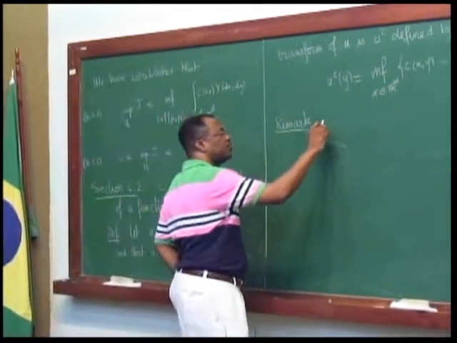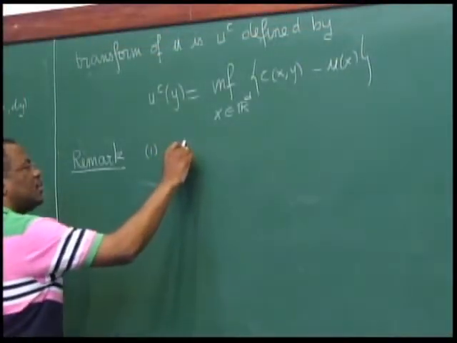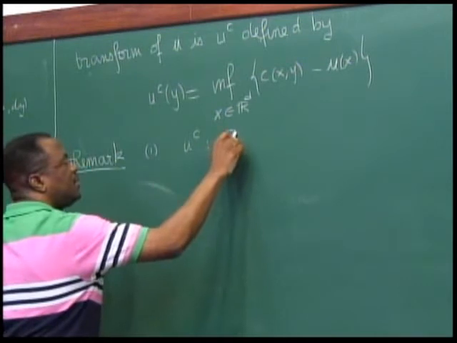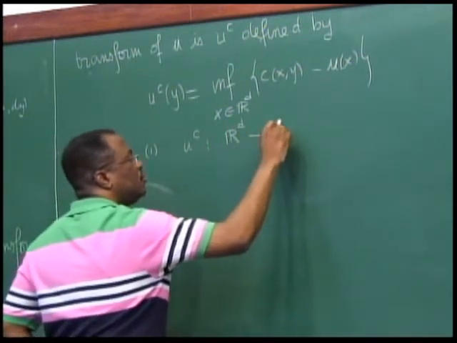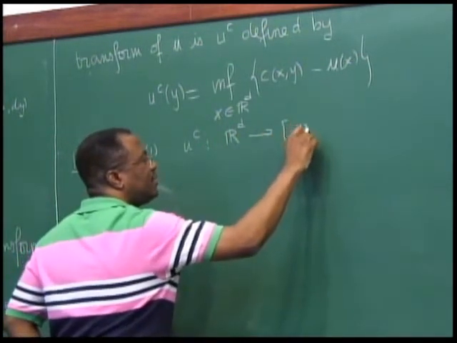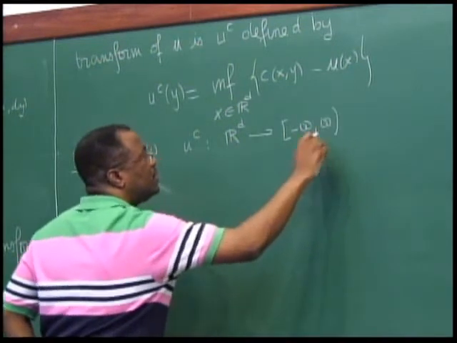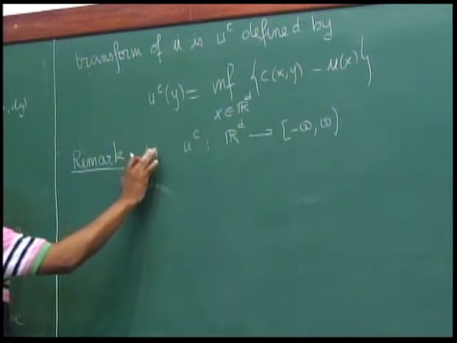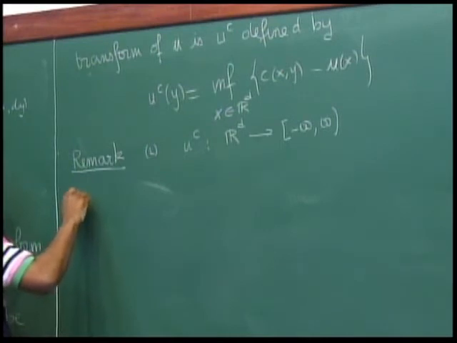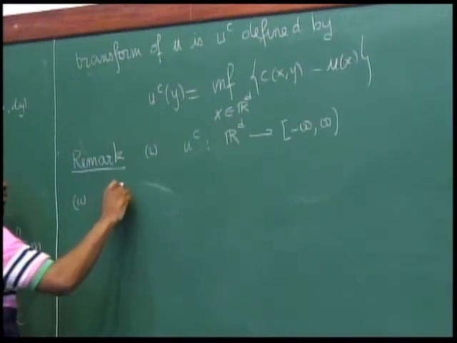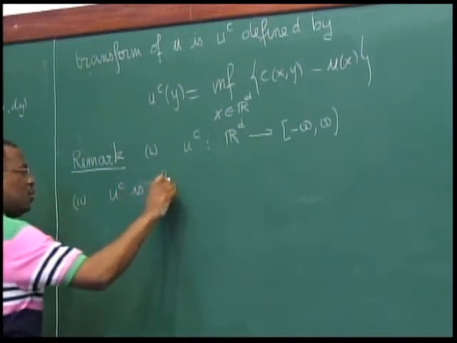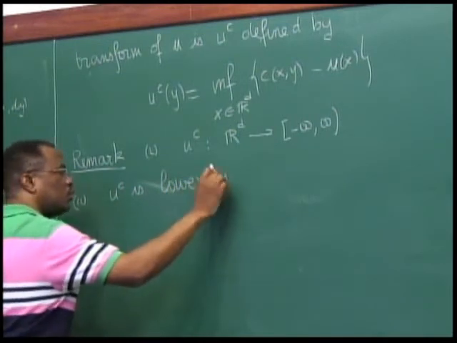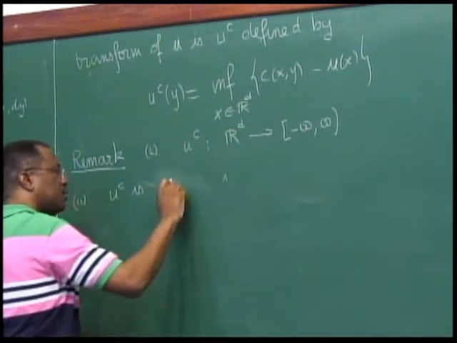So first, uc is from Rd to negative infinity, plus infinity. Second, let me call it I. So I, uc is upper semi-continuous.